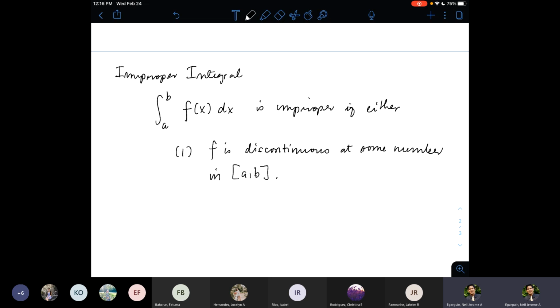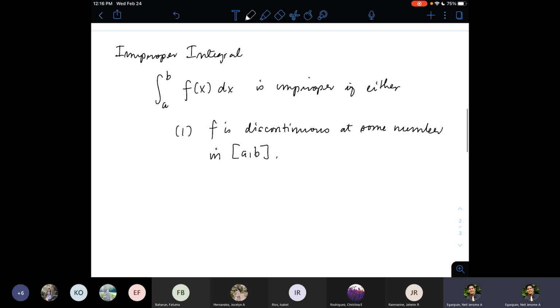So if you look at the integrand, and you notice that it is discontinuous at some number in the closed interval [a, b], then automatically it is improper. And the other possibility is that either bound is infinite. I guess the second condition is much easier to spot, because once you look at the bounds, if at least one of them is infinity, then it's automatically improper, right?